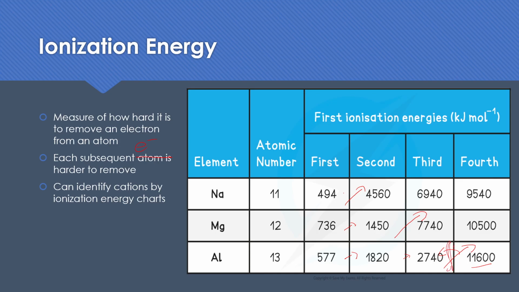So after 3 electrons and then a big jump, that tells you it's a +3 ion. You see 2 electrons gone, then a big jump, that's a +2 ion. You see 1 electron, then a big jump, then that's a +1 ion. So from the ionization energy chart, you can actually identify what the charge on the ion is.